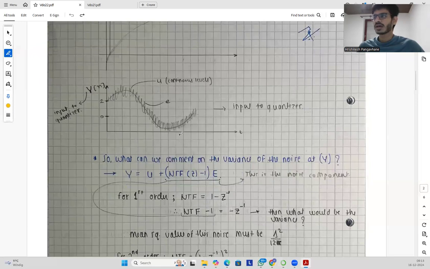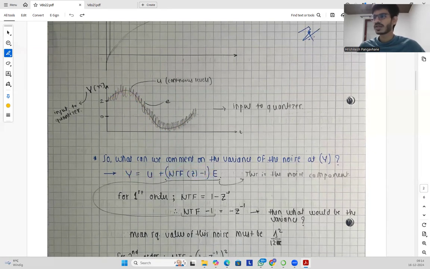So what can we comment on the variance of this noise? From the relation, this is the noise component, and this is solely the signal. So this is the noise component over here.